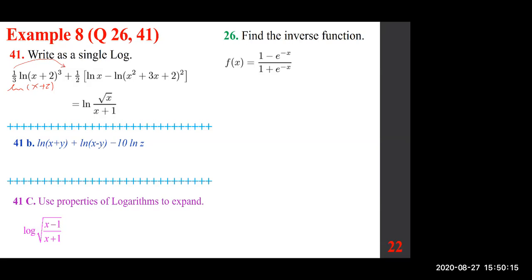So x plus 2 to the power of 3 to the power of 1/3. Then plus 1/2 ln x. So we will have 1/2 ln x here and minus 1/2 here. So we distribute the 1/2, okay? And so we get plus ln x to the power of 1/2.